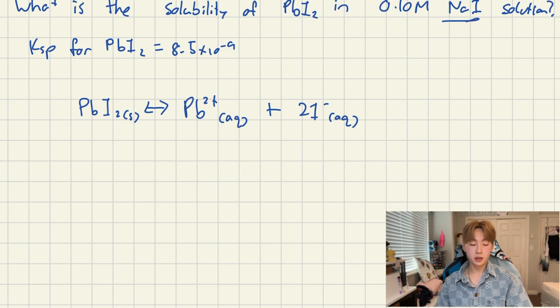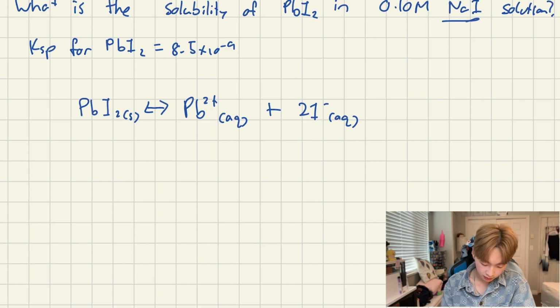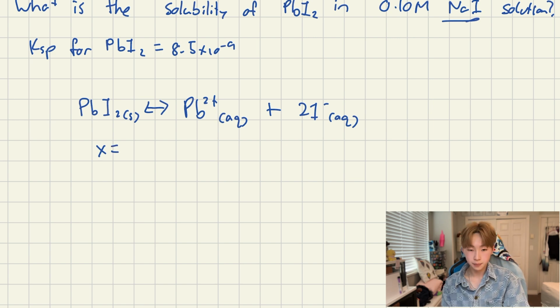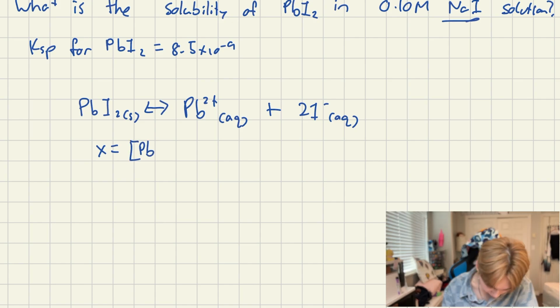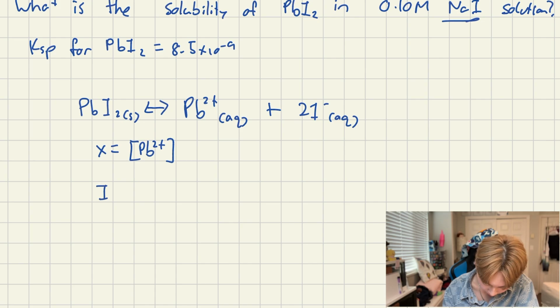And just like before, we're going to make our x equal to our solubility of our solid, which is our PbI2, which is then equal to our concentration of Pb2+. And our concentration of I- is going to be 2x.